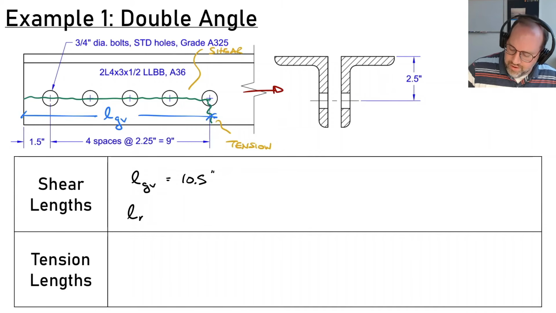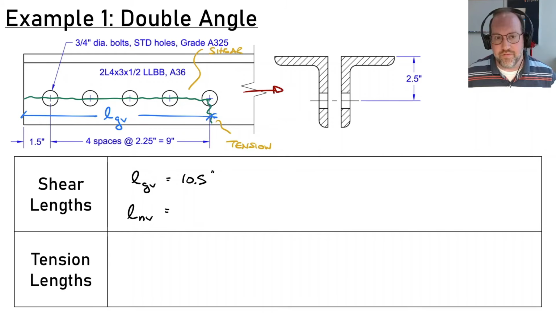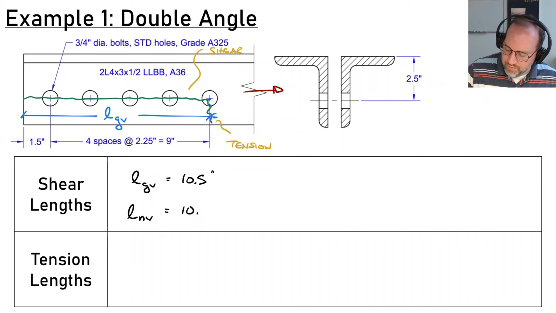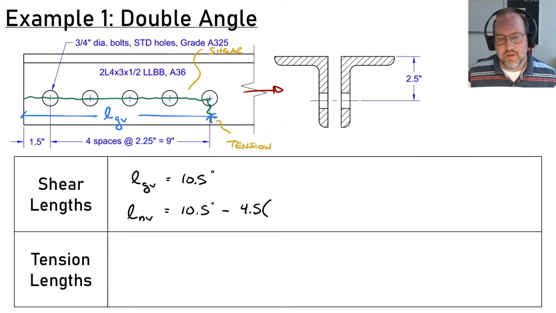Now, if I want to look at a net length for this, I'm going to start with my 10.5 inches and subtract off 1, 2, 3, 4.5 hole diameters, because I'm just going to go to the middle of that last hole. So that's 4.5 diameters, and now I need to know the diameter of those holes.